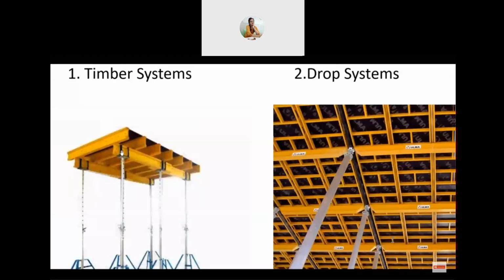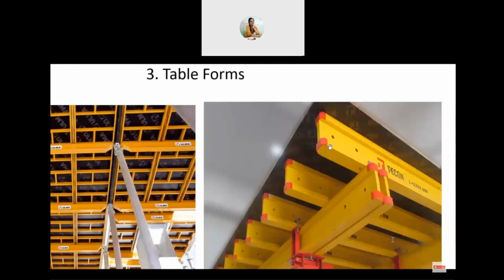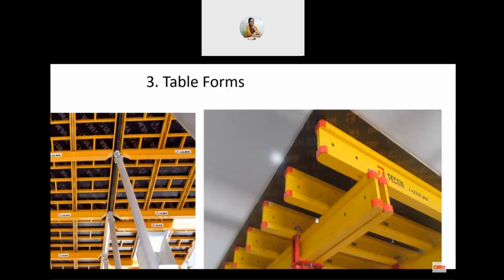When dismantling the formwork, we will individually remove each part, then gather it together, uplift it to another floor, and again erect or assemble it, right, in the timber systems. But in table forms, we directly take this, lower the props here, then take it to the next floor, then raise it to the required height, then pour the concrete. So this is table forms.